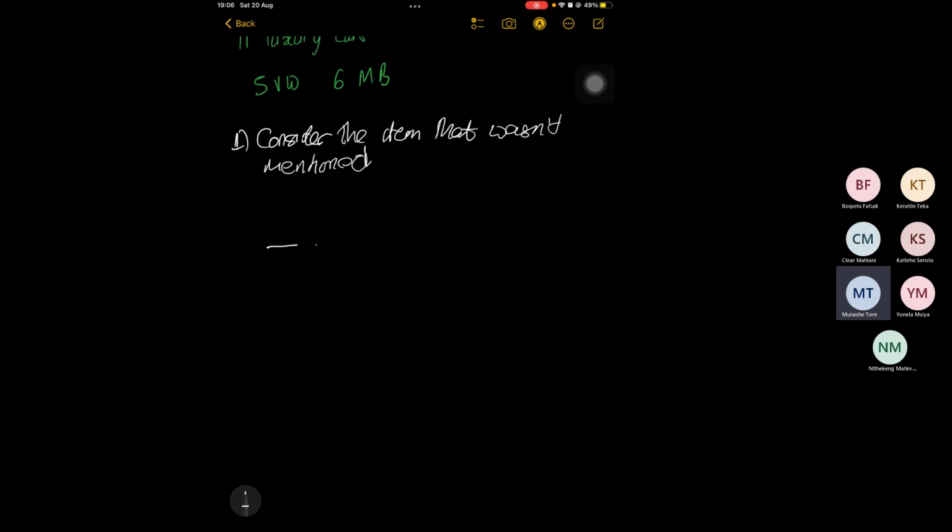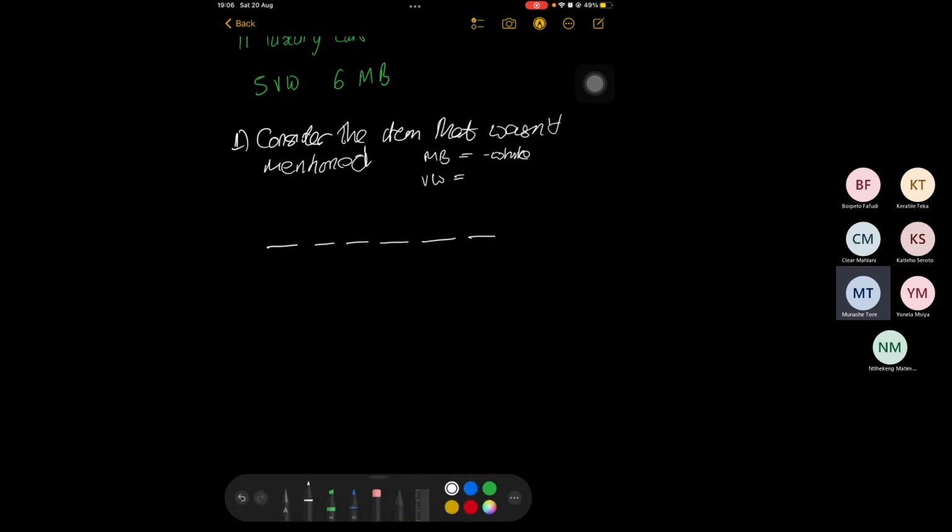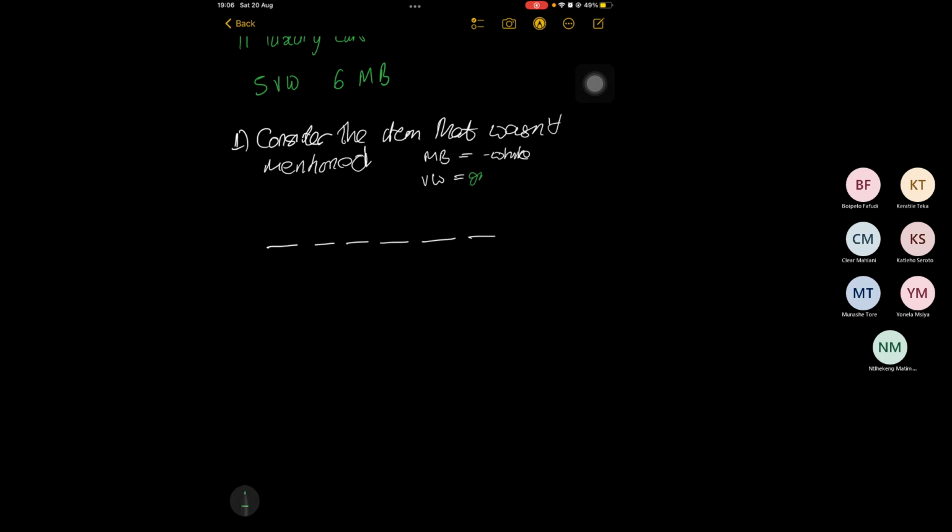So you have 1, 2, 3, 4, 5, 6 positions that can be occupied by the Mercedes. Let me say the MB is going to be represented in white. Then the VW, I'll say it's going to be in green. So you already know that these 6 spots are the ones that are supposed to be occupied by the MB.